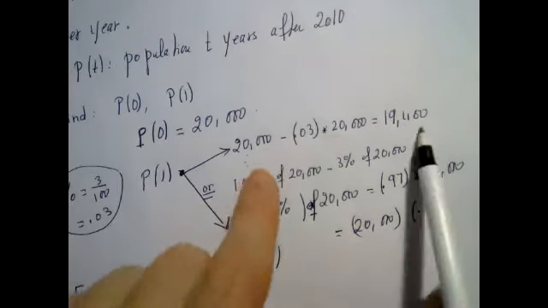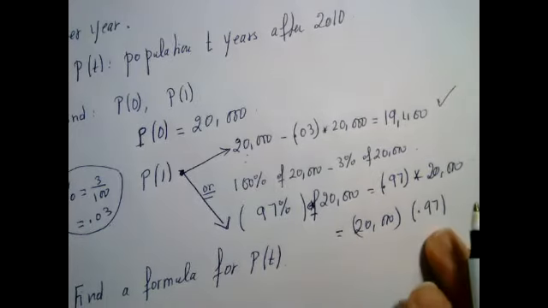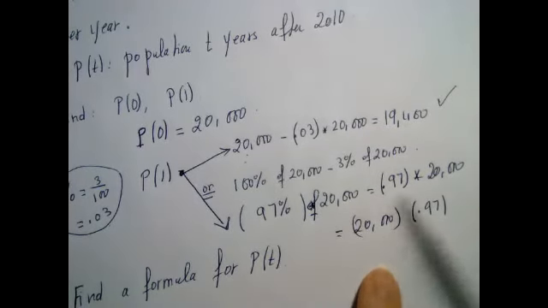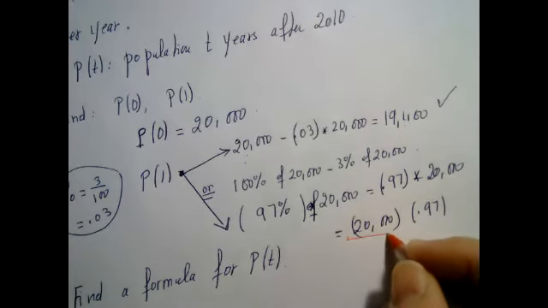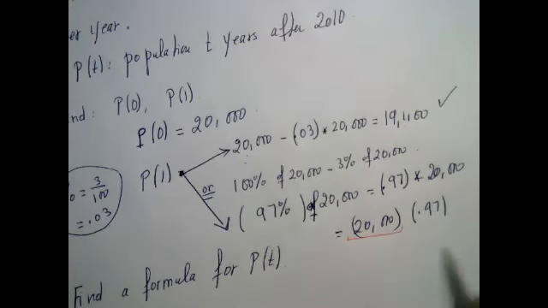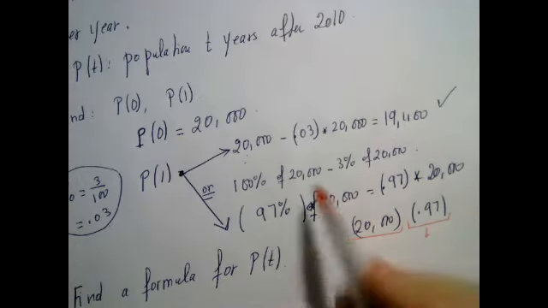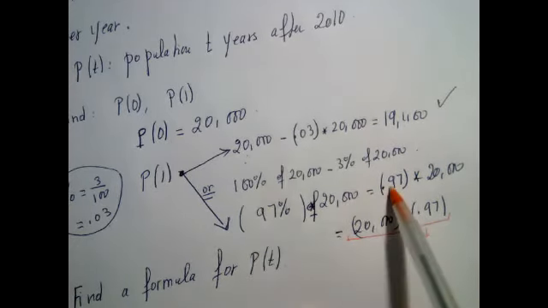So either you do this, which is correct, but since I want to build a pattern, what's the population after 1 year? It's the old population, 20,000, you multiply it by 0.97. Where is the 0.97 coming from? It reflects the 100% minus the 3%.